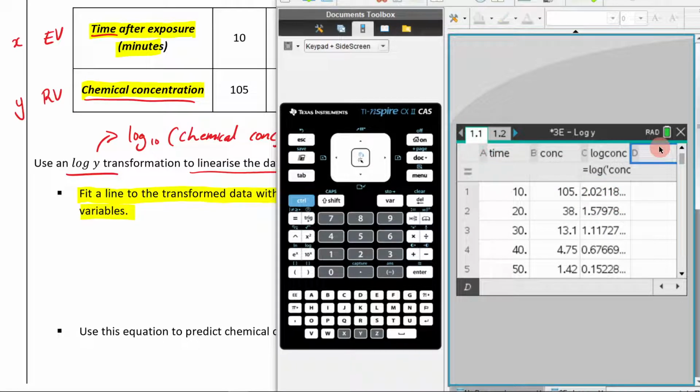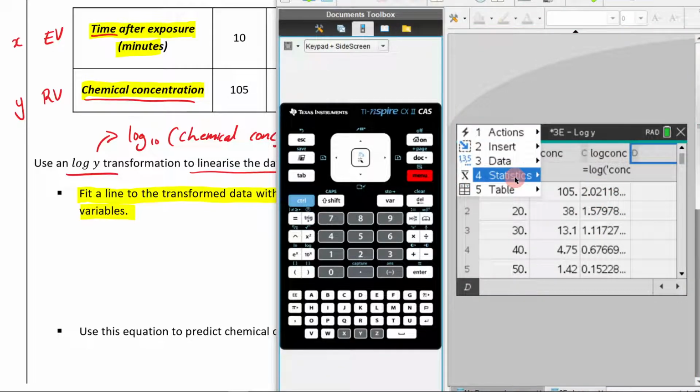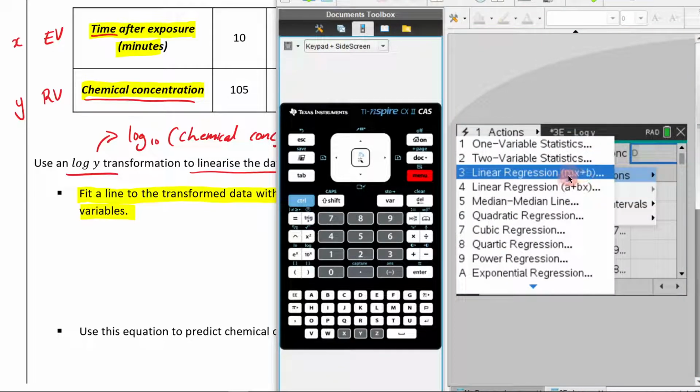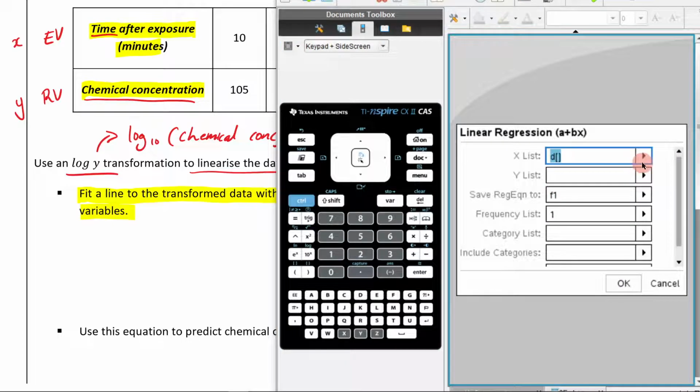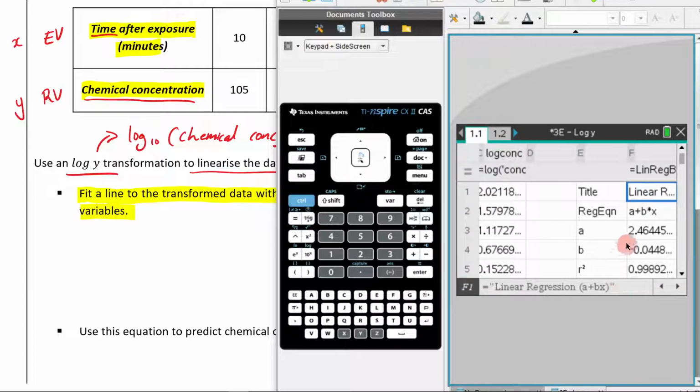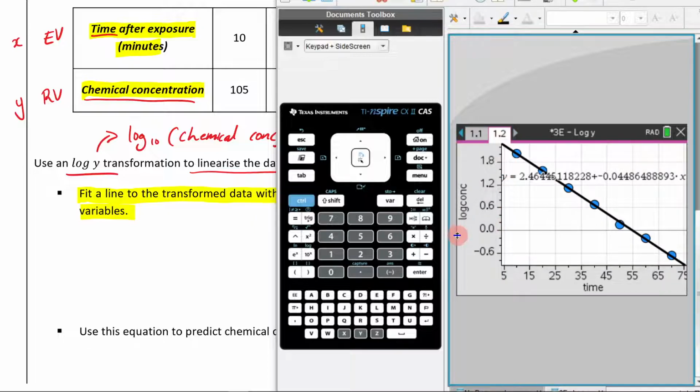The other way to do it is to come here, go menu, statistics, go stat calculations, go linear regression, a plus bx, put this as your time and change your y as the log. And then you've got your a and your b value there. So 2.46, and this will be negative 0.04. Okay, so now I'm just going to write down this right here.